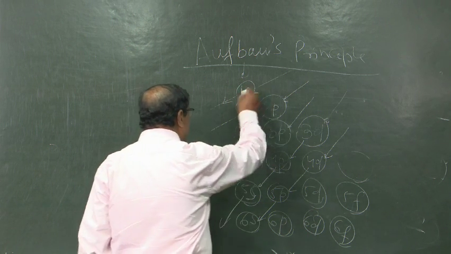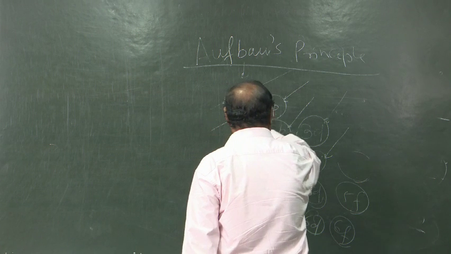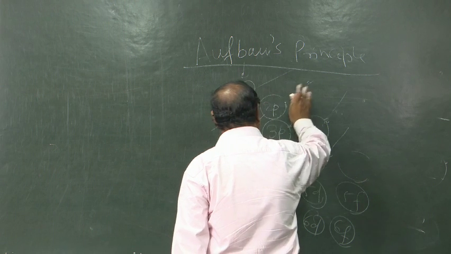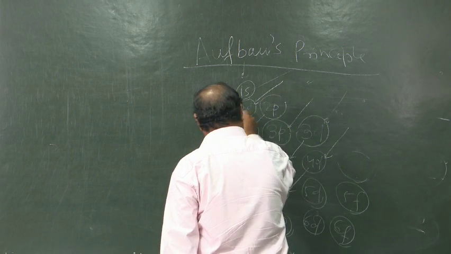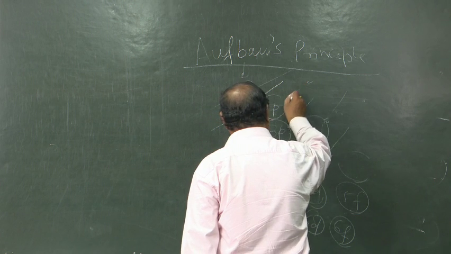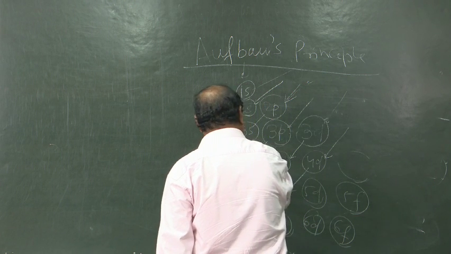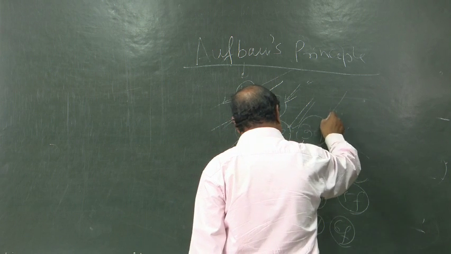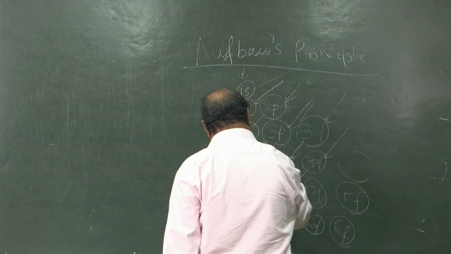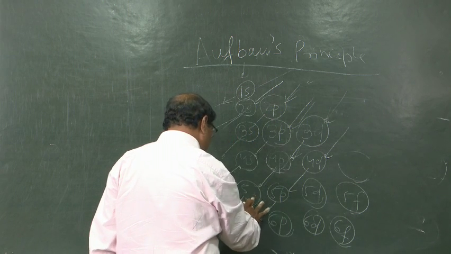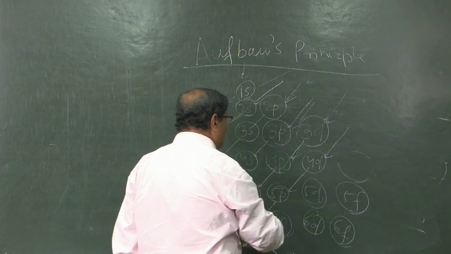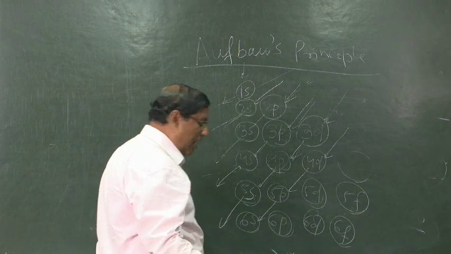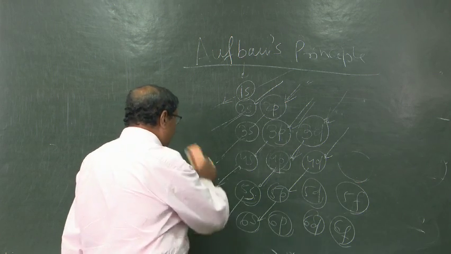First 1s, then 2s, then 2p, then 3s, then 3p, then 4s, then 3d, 4p, 5s, like this. So, these orbitals are filled. This follows the n plus l rule, which tells how to fill up the orbitals.